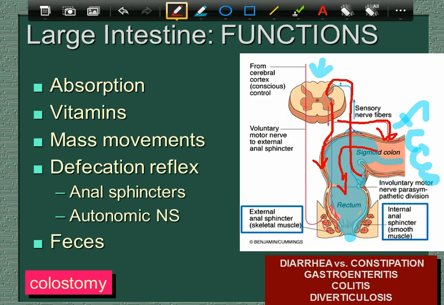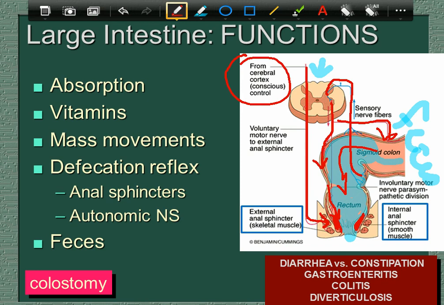In addition, there's more information going down over here. Now remember, the internal sphincter, this area right here, is involuntary smooth muscle, so it's part of this reflex. The one thing stopping you from releasing this feces is your conscious control.